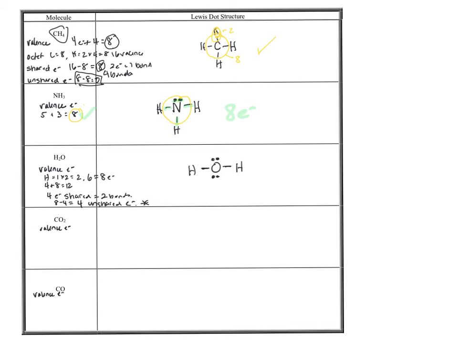So when I go back and review this, I can see that oxygen has 8 valence electrons, and each hydrogen also has 2. My total number of valence electrons has not exceeded my starting number, which would be 8. 2, 4, 6, 8. Done.